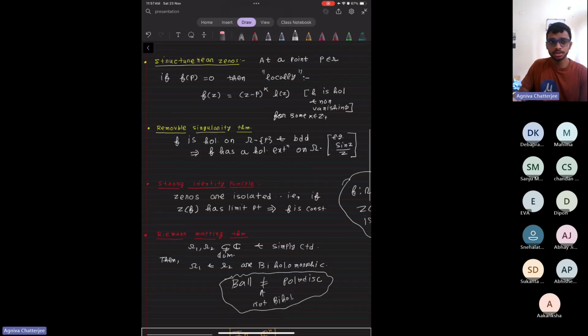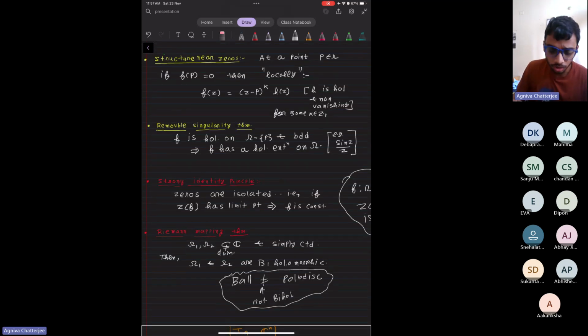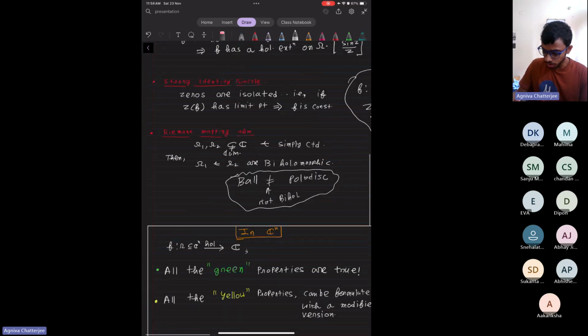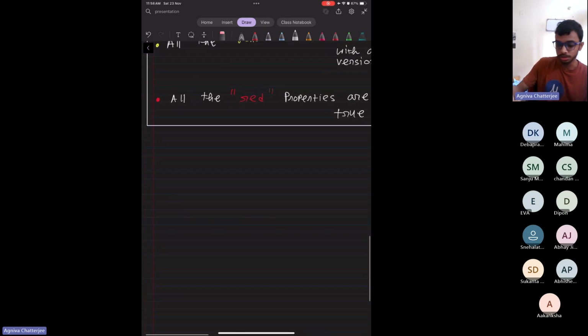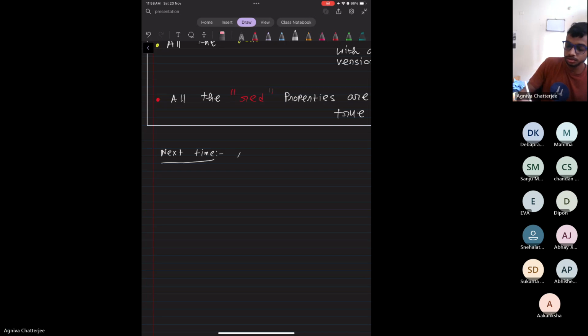So that's more or less all. I don't want to push this all the way up to 12:05. So next time, I just want to mention what I want to do. Next time it's more or less all about power series. We have already defined power series, but we didn't talk about the domain of convergence of power series.